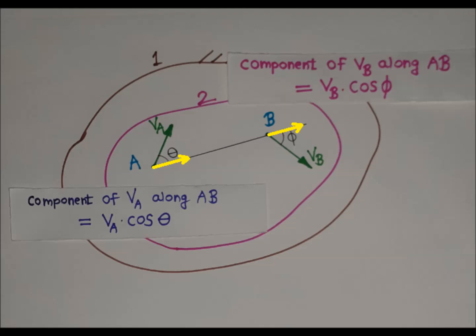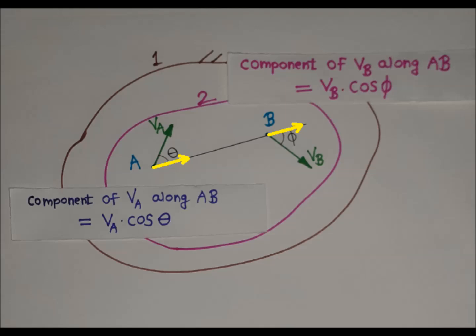So another possibility is if VB cos phi, the component of VB along AB, is greater than VA cos theta, the component of VA along AB. Then the distance between A and B will increase.